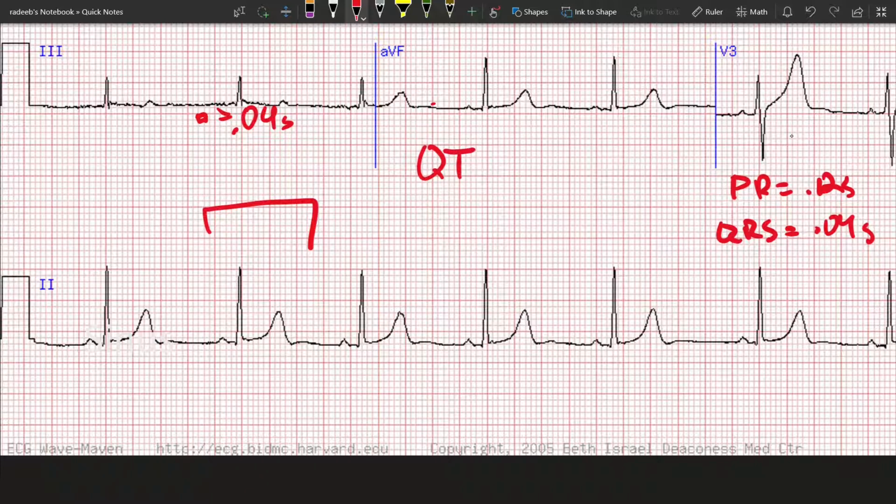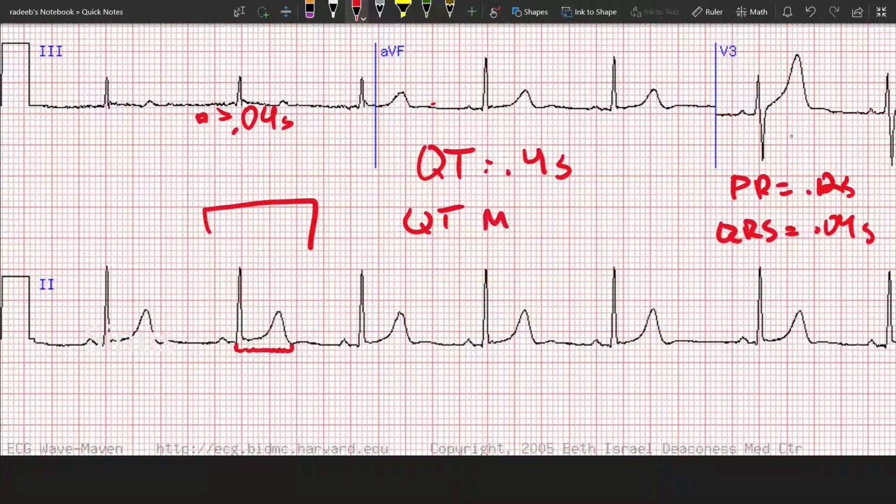All right, so let's do our QT measurement. Here we will start at the QRS complex and measure to the end of the T wave right there. So let's count the boxes here. We got 1, 2, 3, 4, 5, 6, 7, 8, 9, 10. So we have 10 small boxes. 10 times 0.04 is going to be 0.4 seconds. Normal QT interval is a bit different because it's based on sex.